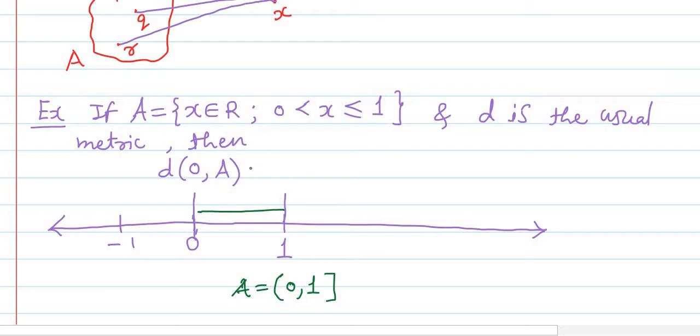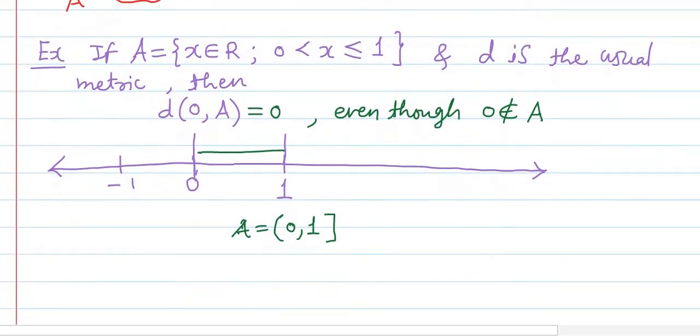So here in this case, the distance of 0 from the set A is 0, even though 0 is not a member of the set A. Obviously if you consider a member of the set A, for example 0.4, then the distance of 0.4 from the set A will be 0, as the distance of 0.4 from 0.4 is 0.